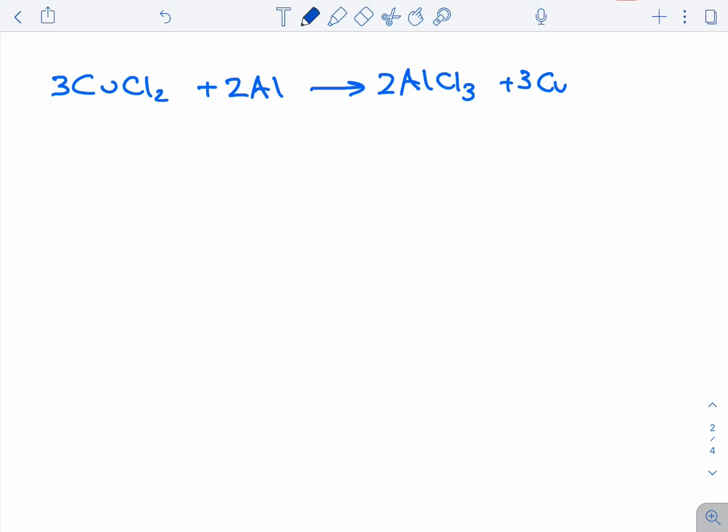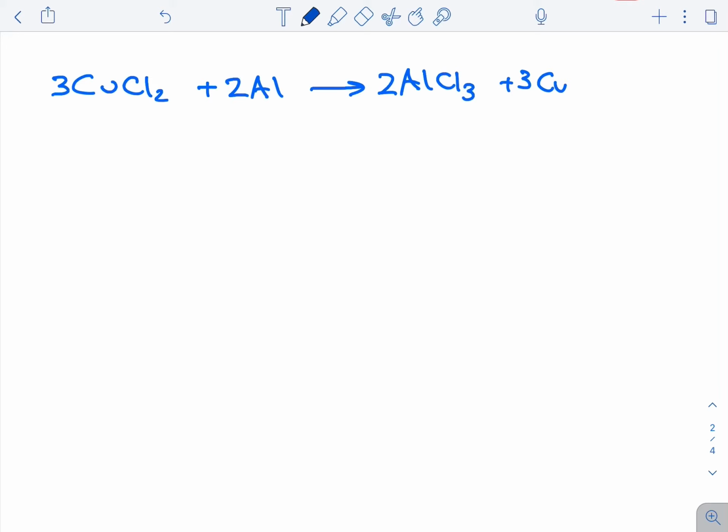All right, let's say you have the reaction between copper chloride and aluminum, and that creates AlCl3 and copper metal. And to get this guy to balance, these are 3s, these are 2s.